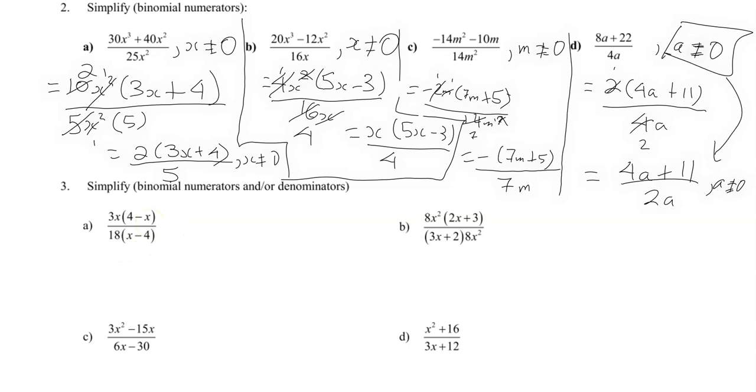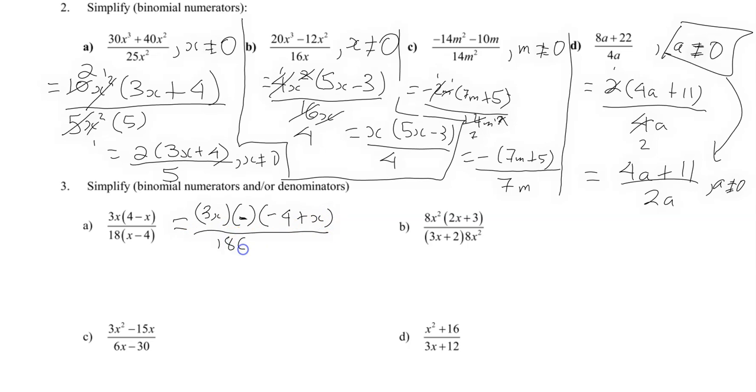So here's what we can do. I'm going to show you the long way, and then after that you don't need to do it the long way. We've got our 3x. Let's factor a negative out of the brackets. You could put a negative 1 or just a negative sign. When you put a negative in front of a set of brackets, you change the sign of whatever's in the brackets.